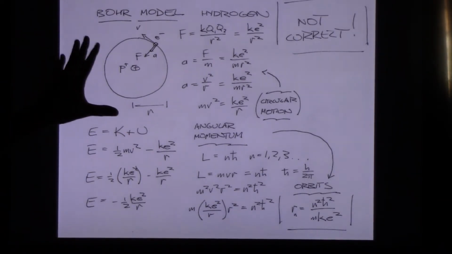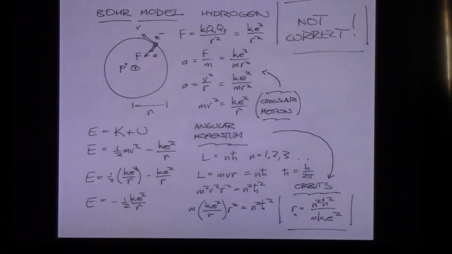So don't let this get stuck in your head. A lot of students in physics and chemistry get stuck with this Bohr model. Well, the Bohr model is wrong, so we have to move on from that. But the Bohr model gives us the right formulas, and it allows us to view the evolution of thought in science. That's why we're looking at it.